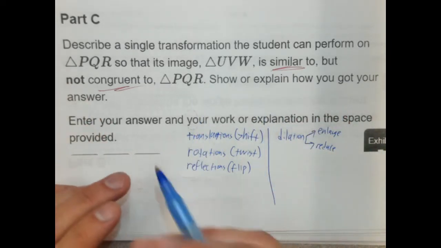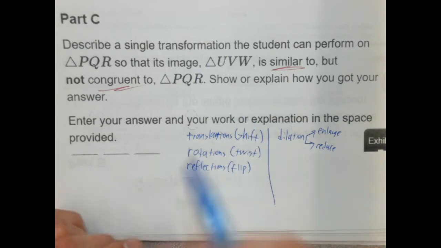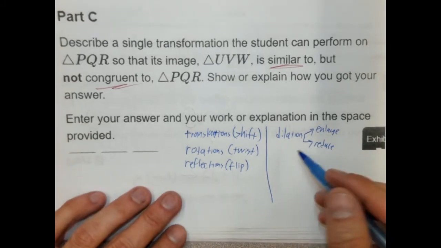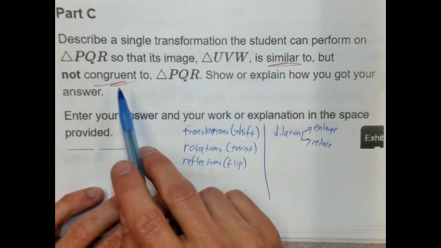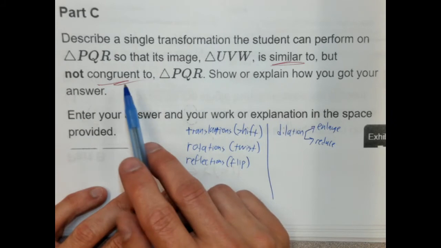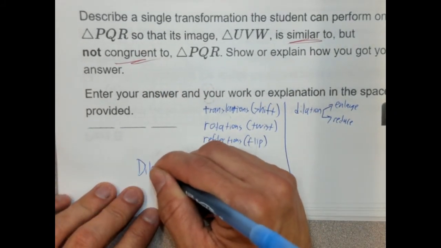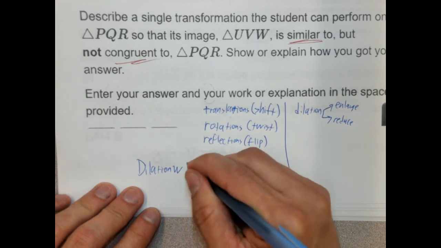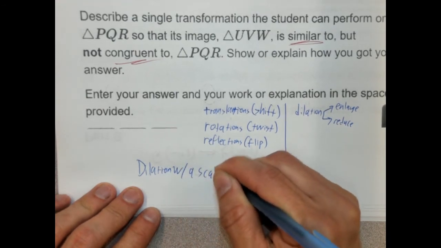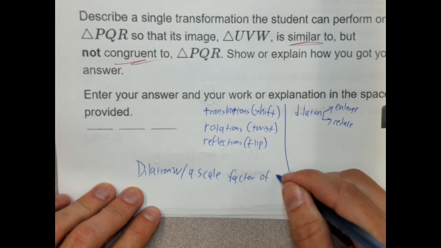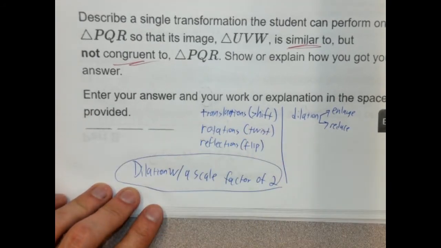If the absolute value of it is larger than 1, it's going to be an enlargement, and if it's 1, it doesn't change the size at all. We want different sizes, not congruent, but similar. So we're going to say it's a dilation with a scale factor of 2. Basically we're doubling its size but keeping the same shape.